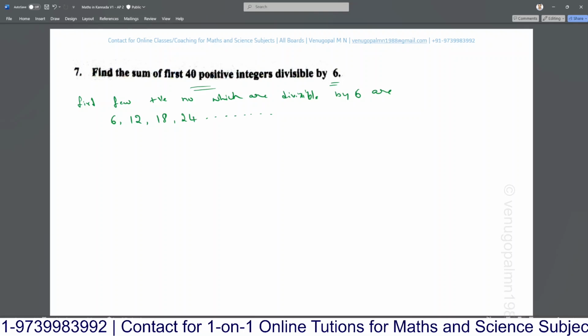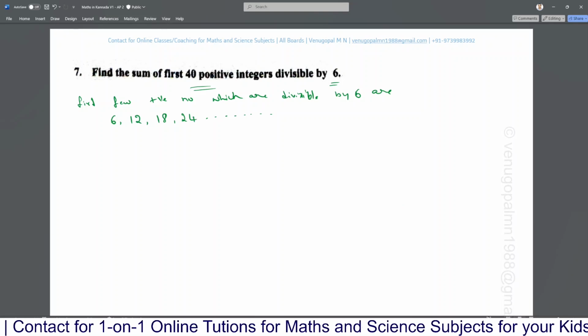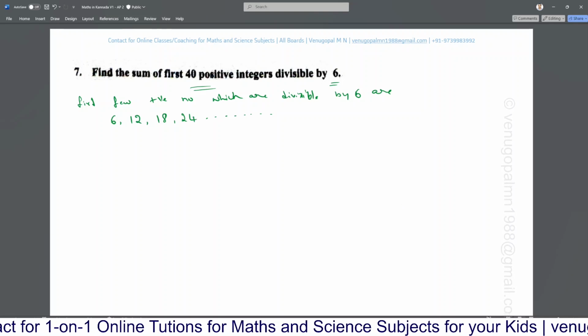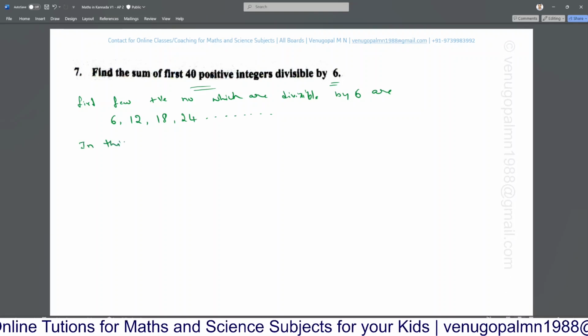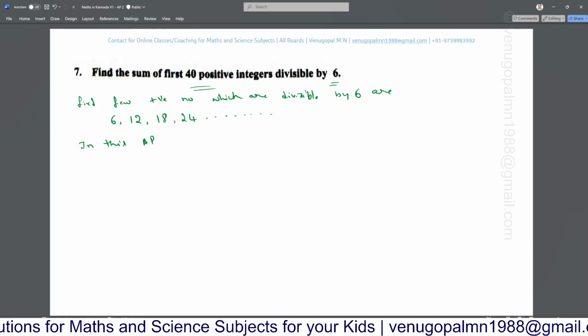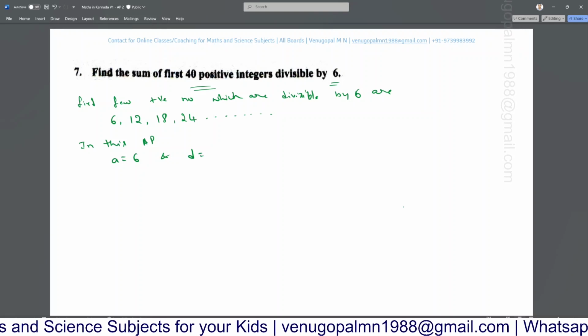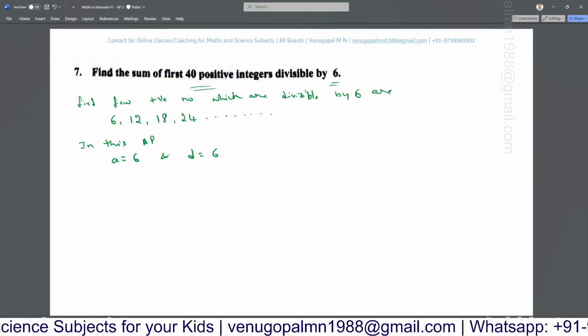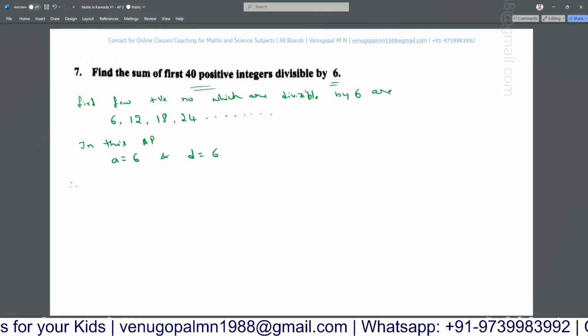It is the 6 table, correct? 6 ones are 6, 6 twos are 12, 6 threes are 18, 6 fours are 24. So now in this AP, arithmetic progression, A is equal to 6 and D is equal to 6 again.